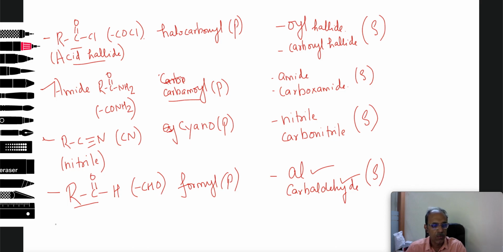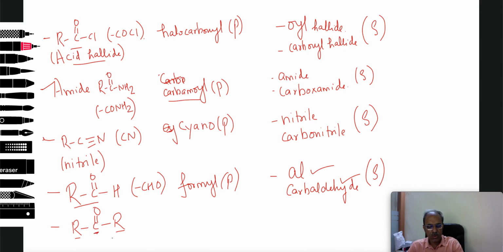Now, another. Again RC double bond O and R. That means two carbons here, and between the two carbons one carbonyl is situated.